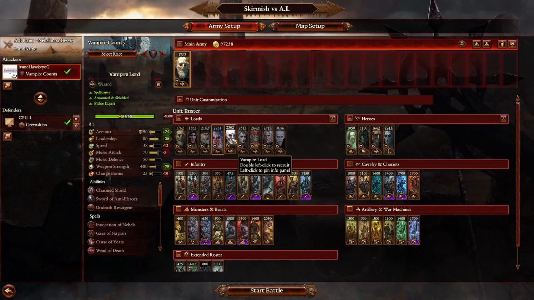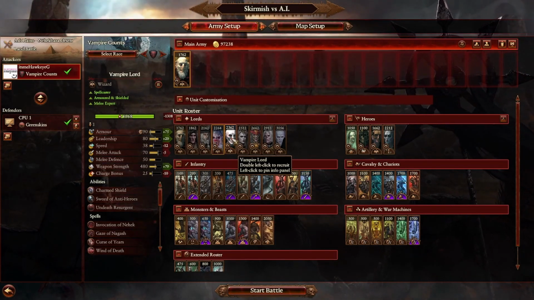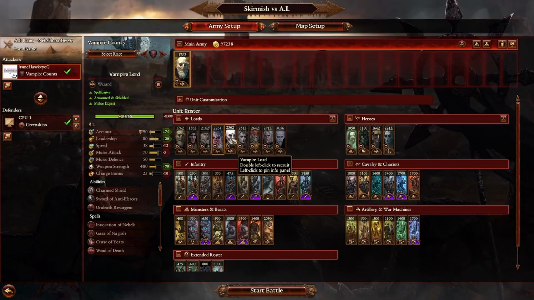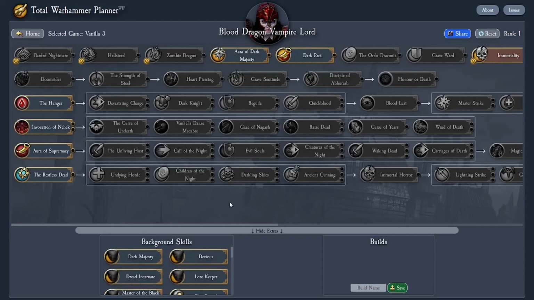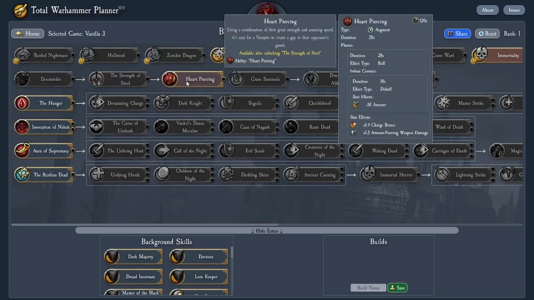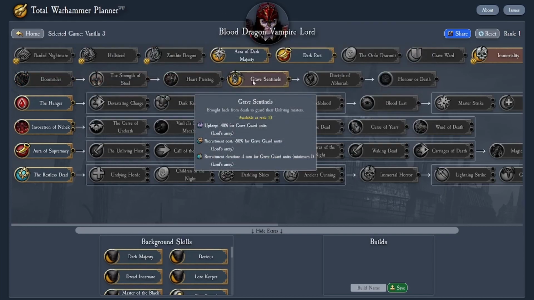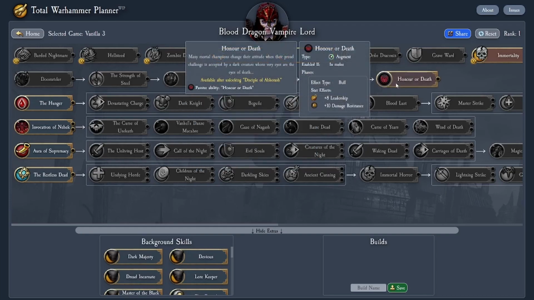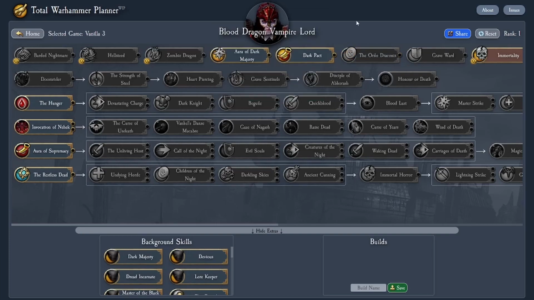I will say that there's also some of these lord types which we might even classify as support types instead. Here again, we have to go to their skill tree to get the clue. And we can see for a Blood Dragon Vampire Lord, even though they would have good melee stats, they've also got some pretty interesting support abilities, where they can get heavily reduced upkeep and recruitment cost for different kinds of units, and the ability to boost them in different ways.